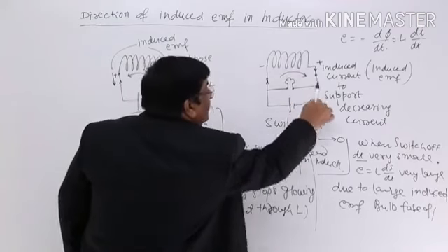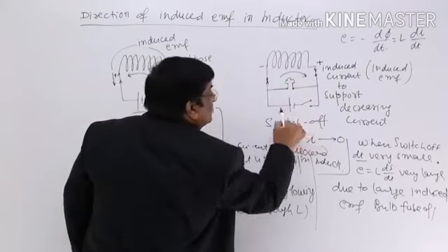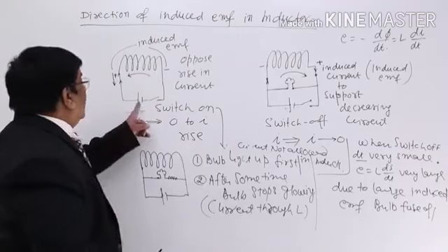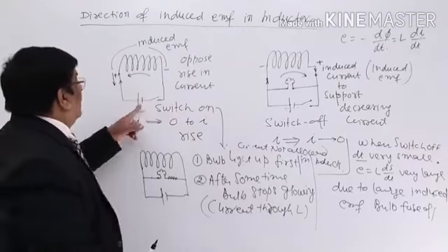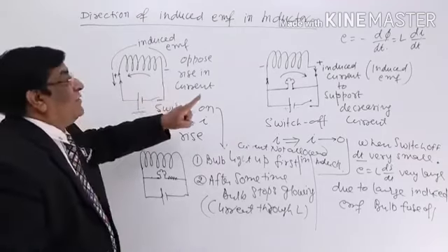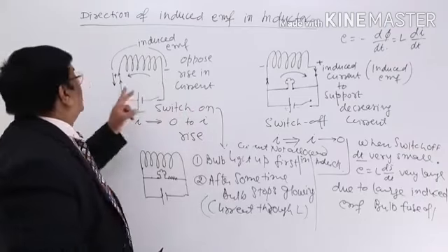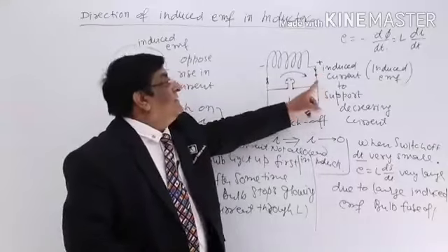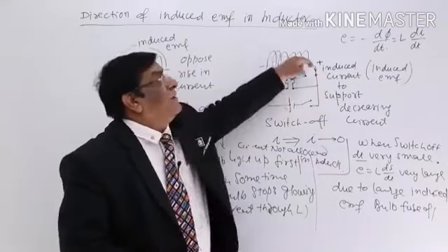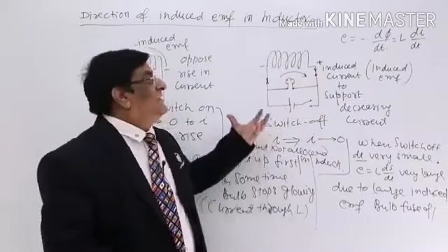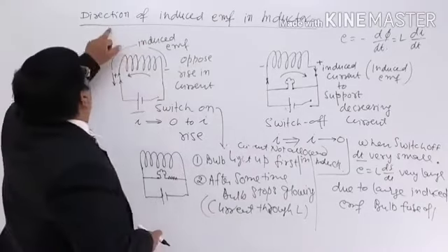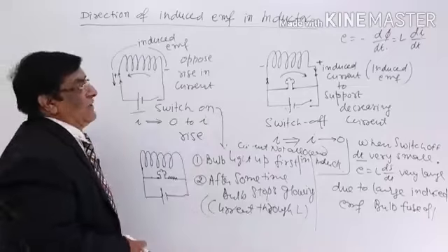So it gives EMF in the same direction of this. So don't say that this and this, this depends upon current. Current increasing, oppose; current decreasing, then it will support. So this is the nature of induced EMF or direction of induced EMF.